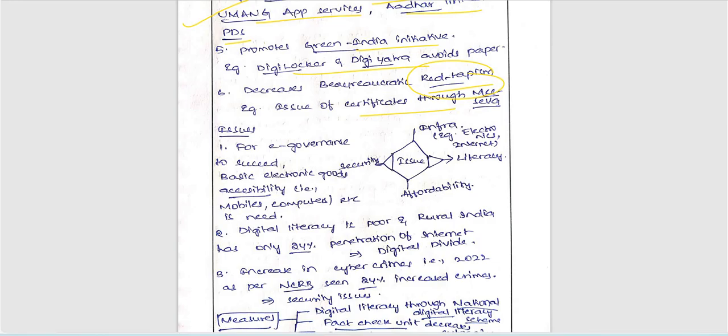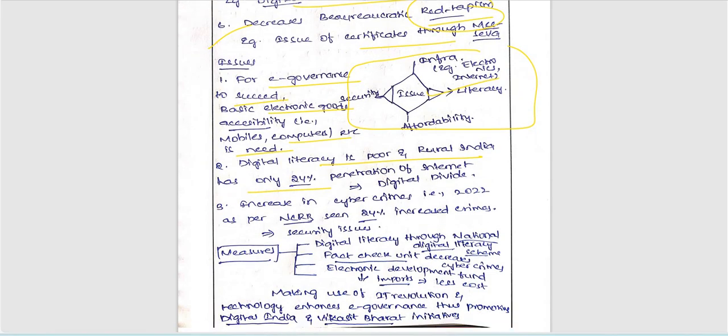He has written almost 6 important principles and impacts, right? Very good. Issues for e-governance to succeed: basic electronic goods accessibility, that is mobiles or computers, etc., is needed. Issues are also included in the flowchart. Good. Digital literacy is poor, and rural India has only 24%, that is the digital divide, also included here. Next, the increase in cyber crimes, with some NCRB data also included.